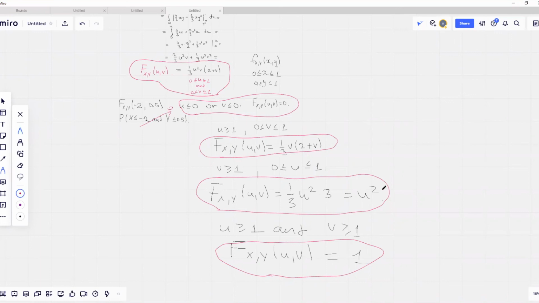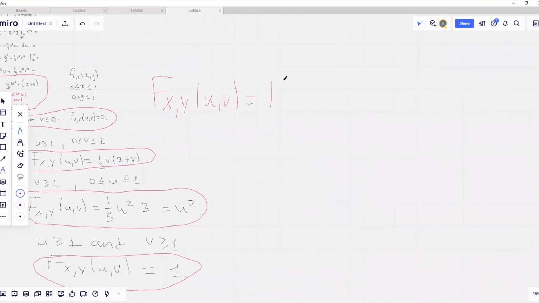We had to do all this work here since the joint CDF function shows probability that random variable x is less or equal than u and random variable y is less or equal than v. So it should be defined for all values of u and v in interval from -infinity to +infinity.